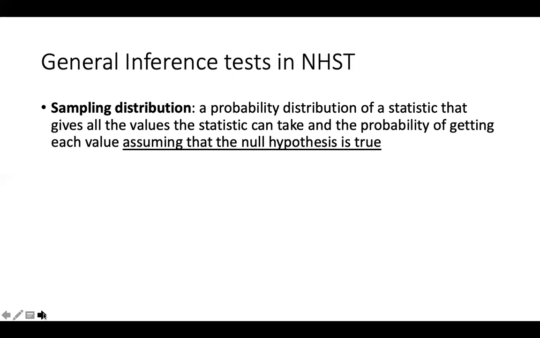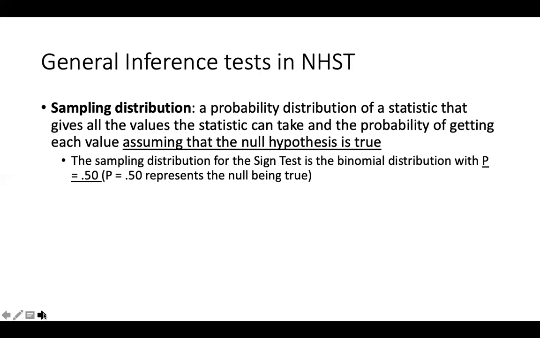So a sampling distribution is a probability distribution that represents the reality in which the null hypothesis is true. And then we use it. In the last chapter, the sampling distribution was the binomial distribution with p equals 0.5, and p equals 0.5 represents the null hypothesis being true.